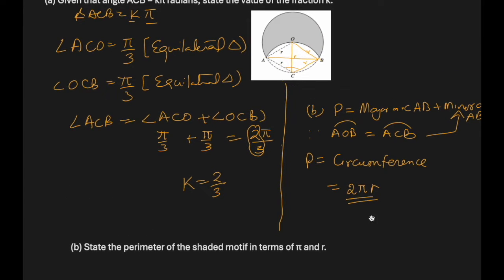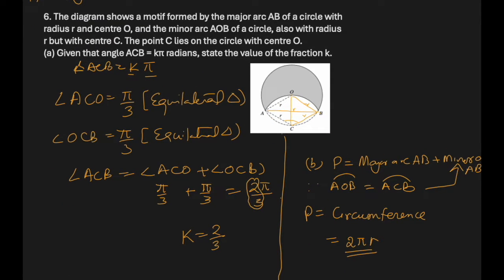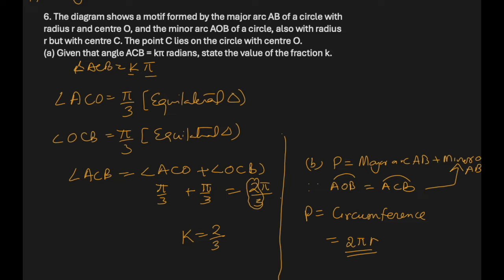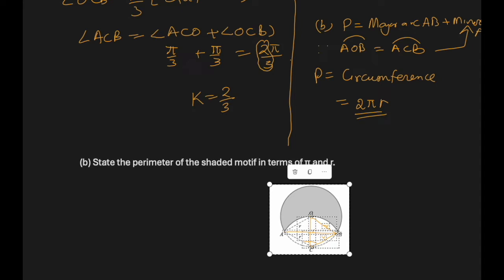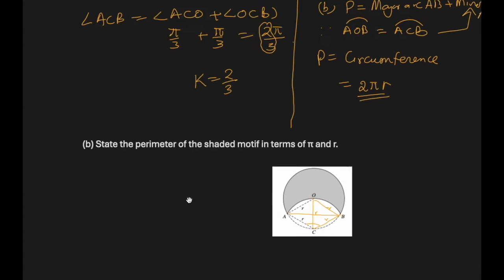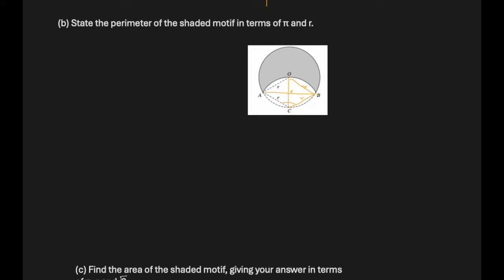Okay, so let me bring this particular drawing down there, and I will find the area also. So now we'll find the area of the motif. First what will I do?